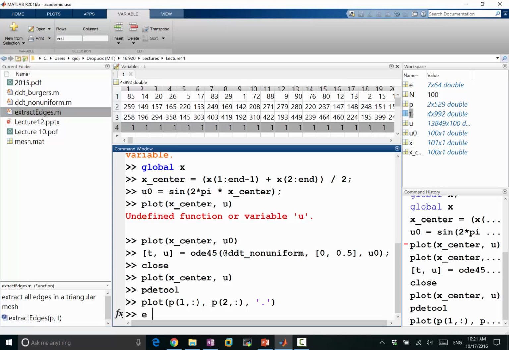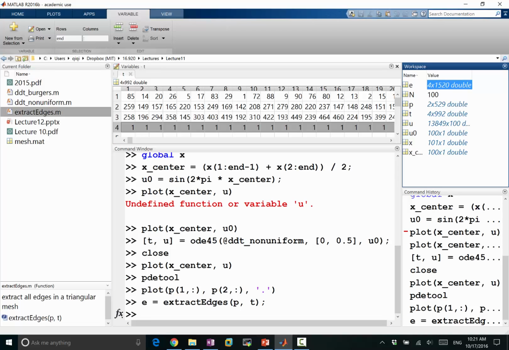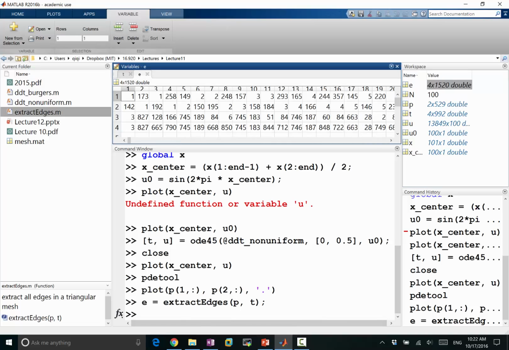If you run extract edges on P and T, what it returns is an array of 4 by 1520, and 1520 turns out to be the number of edges in the whole mesh.